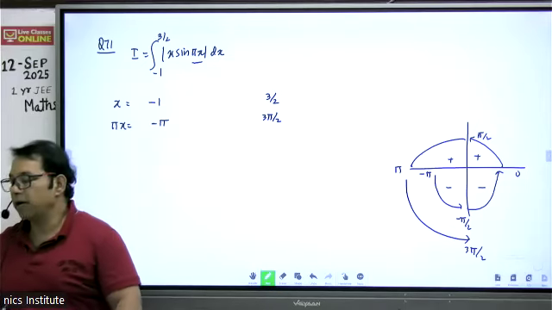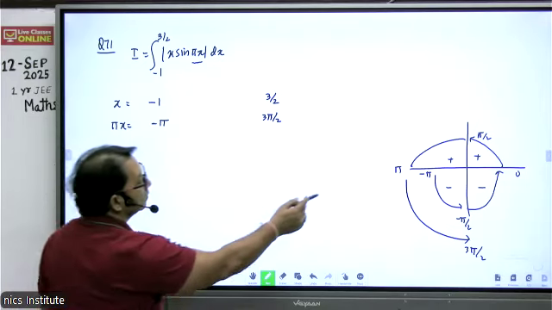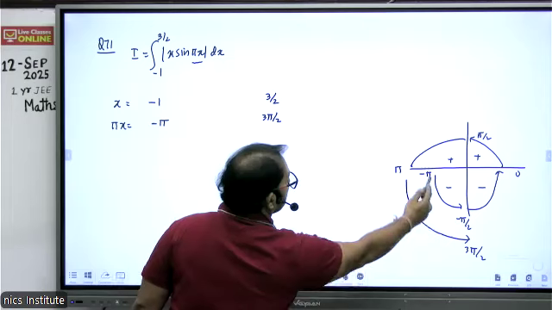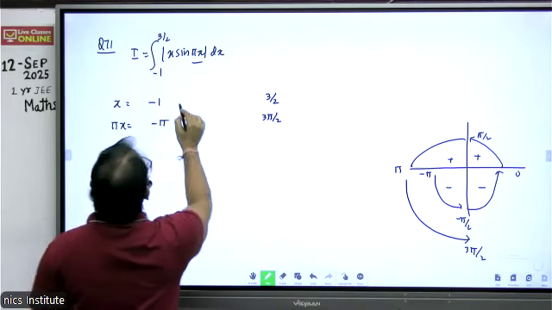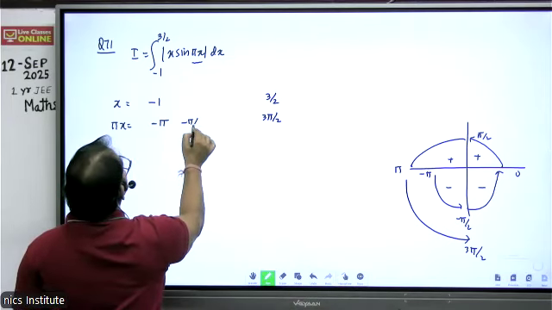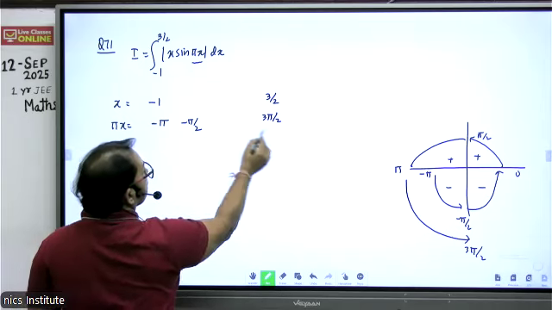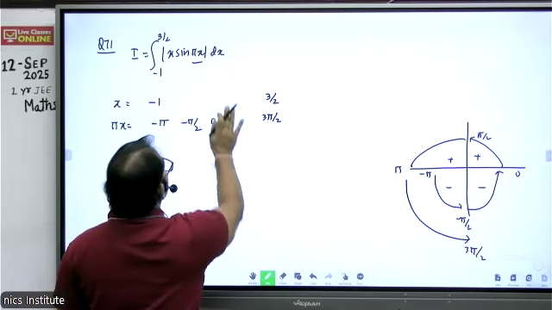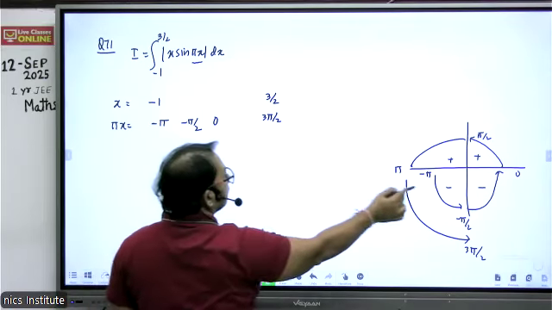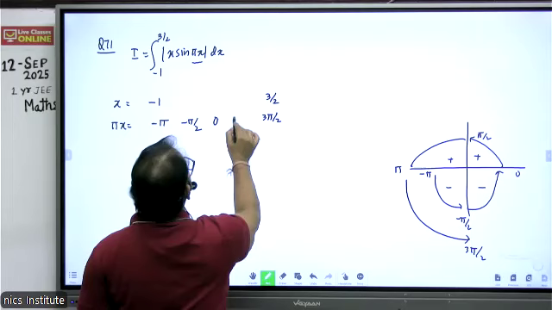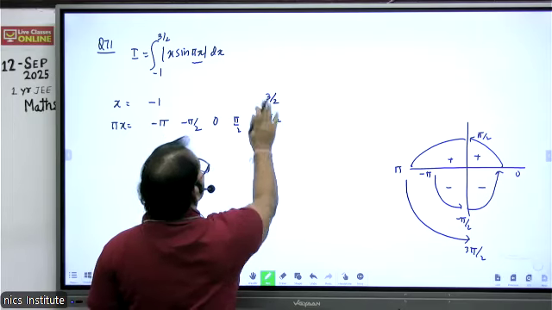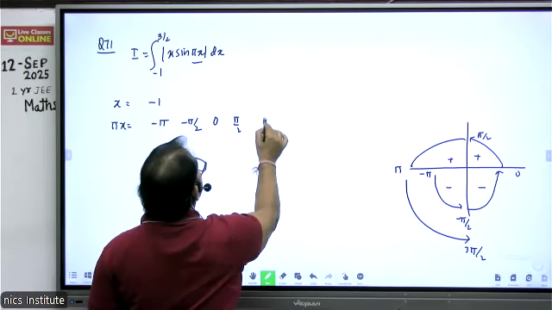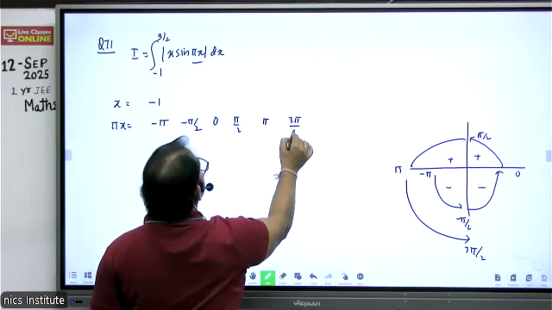Pi, minus pi to minus pi by 2. Then next would be 0. Next would be pi by 2. Next would be pi and then 3 pi by 2.